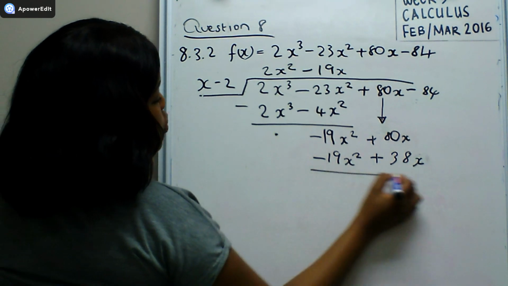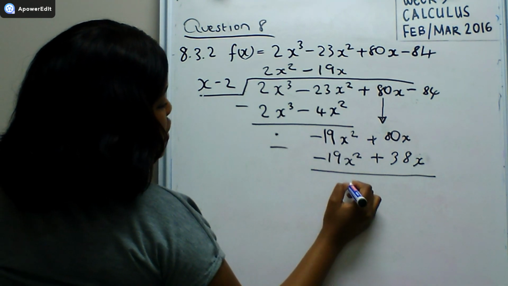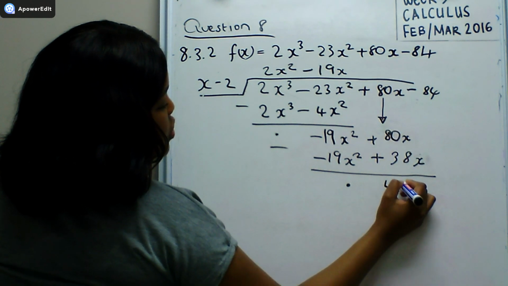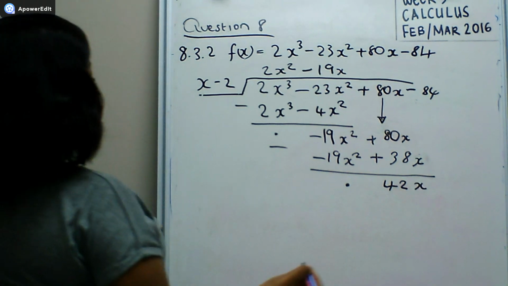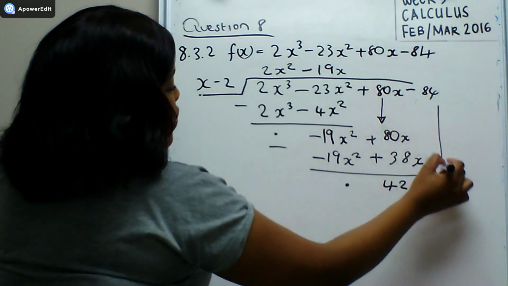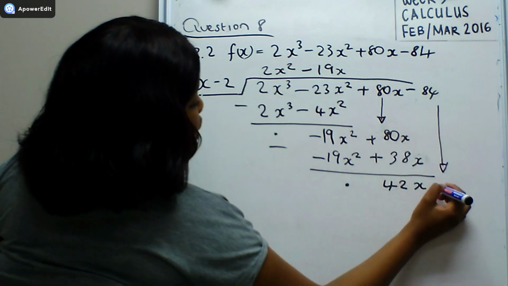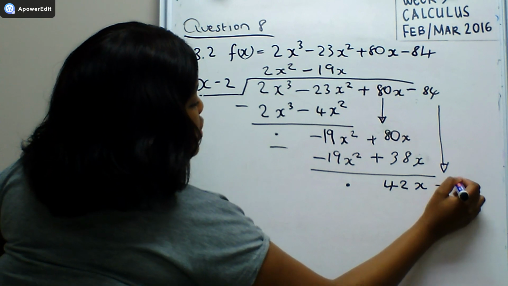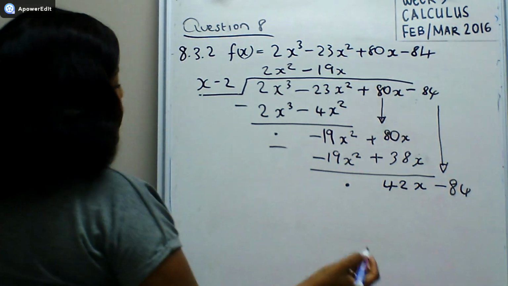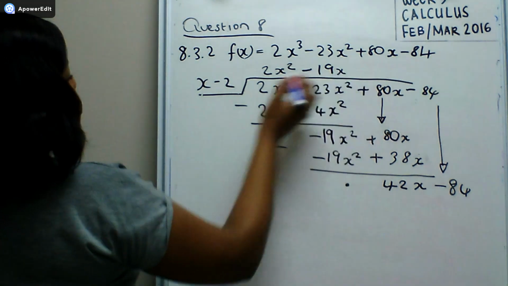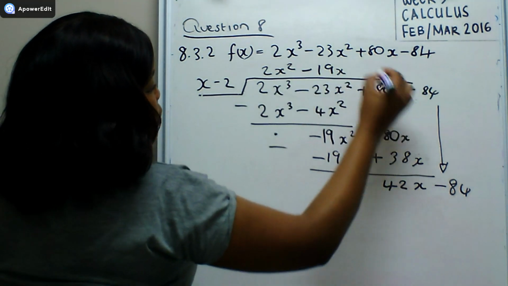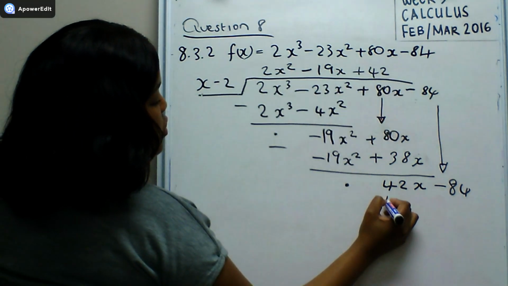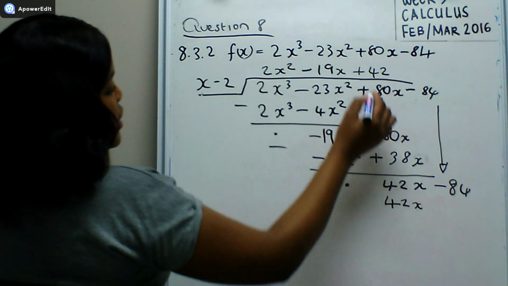That is, I ask myself which term, when I multiply with the x, will give me negative 19x squared. I got it to be 19x, so that when I multiply, I get negative 19x squared. So I subtract, then I get a 0. Move on to the next, doing the same thing over and over again. What I'm trying to do is derive a quadratic equation from the cubic, because it's easier to simplify.